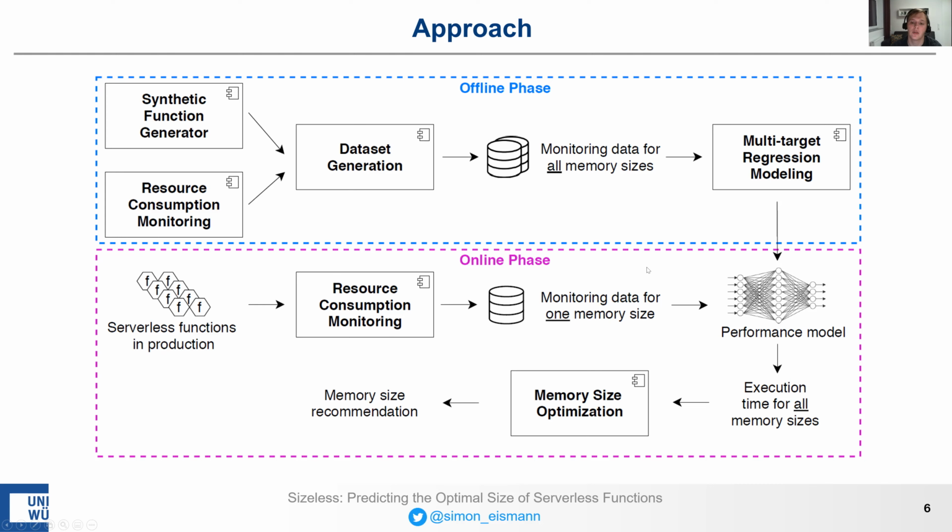From this, we get monitoring data for a single memory size. Here we can then use our previously trained performance model to predict the execution time for all memory sizes. With this information, we can run an automated memory size optimization to provide the user with a memory size recommendation. So first, let's talk about the synthetic function generator.